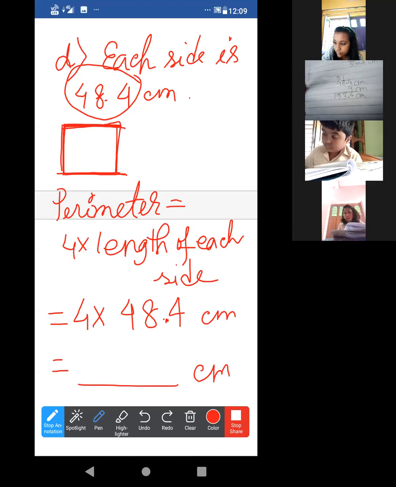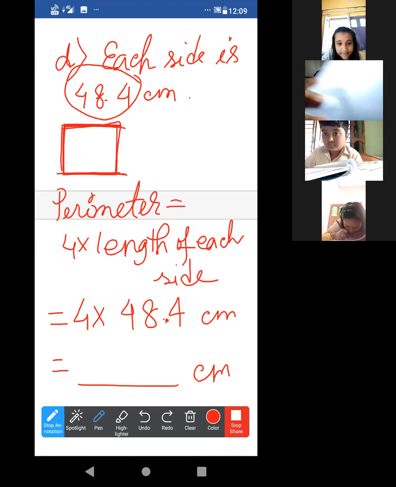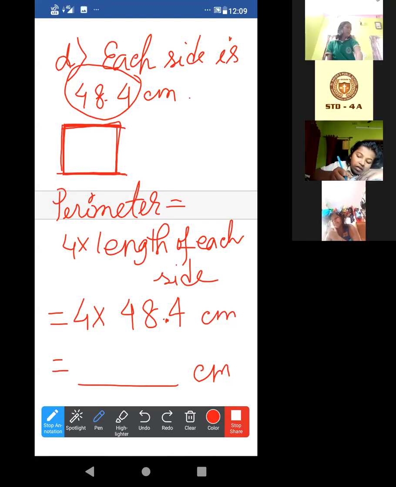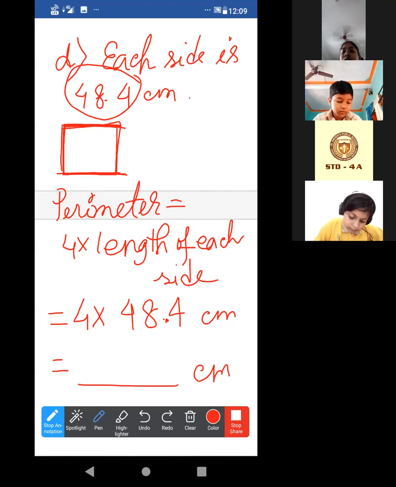Shaud, have you done? Show it properly. Yes, good. Maushim, Anjum, Ankita, Shubhangi, Noraz, Sushnata.